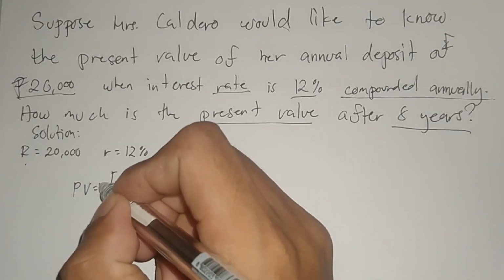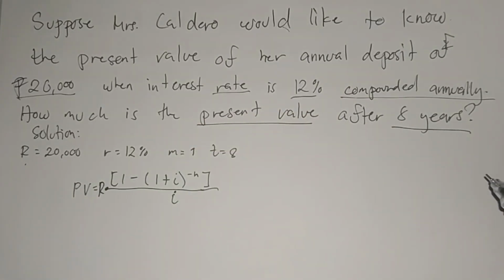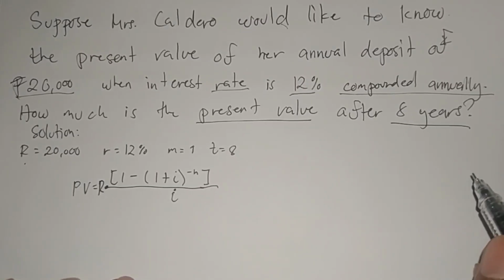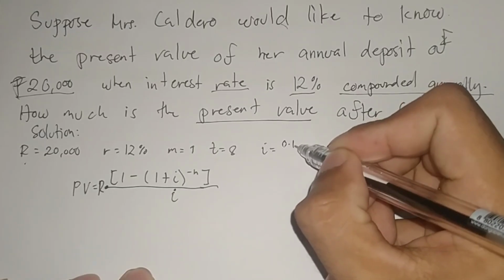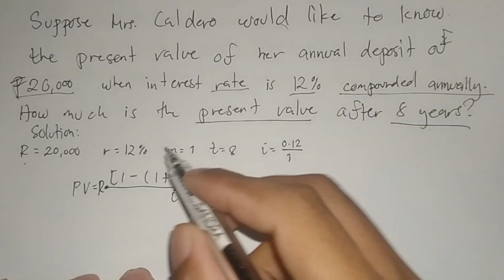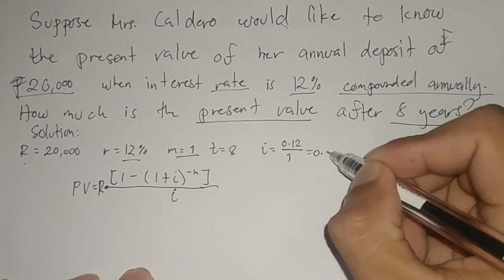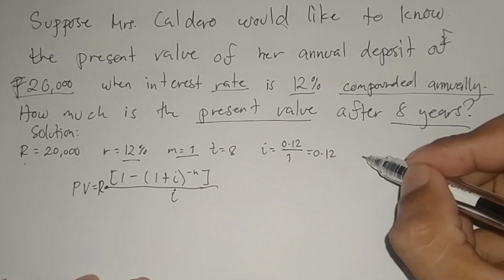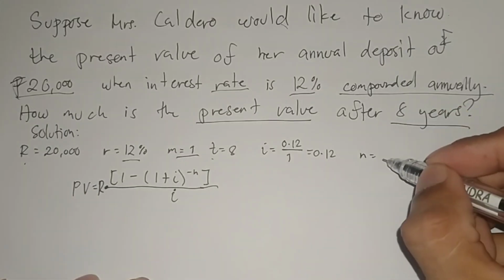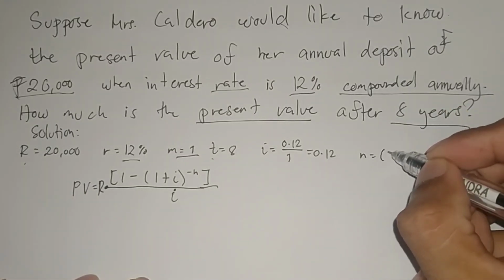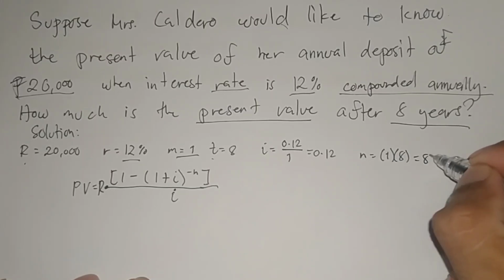By the way, we forgot the R, or the periodic payment. Okay, so I is equal to 0.12 over 1, which results to 0.12. And our n is equal to m times t, which equals 1 times 8, which will result to 8.